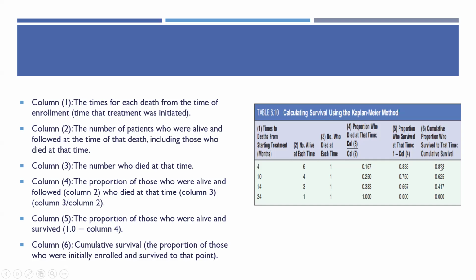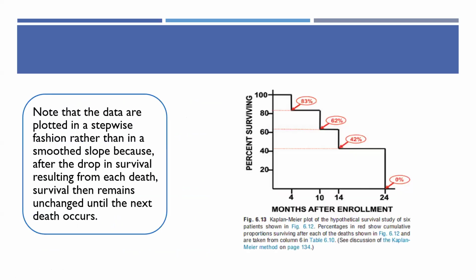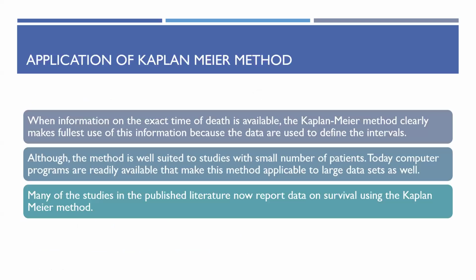Column number 6 is the cumulative survival, the proportion of those initially enrolled who survived to that point. Note that the data are plotted in a stepwise fashion rather than in a smooth slope, because after the drop in survival resulting from each death, survival then remains unchanged until the next death occurs.